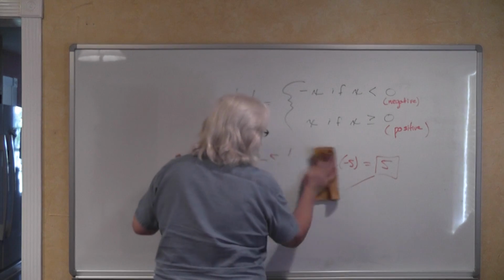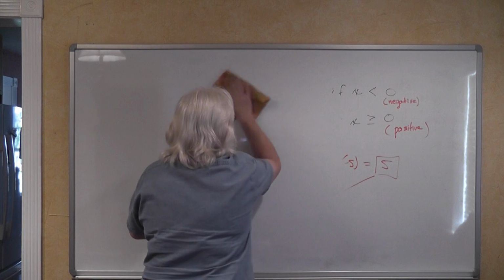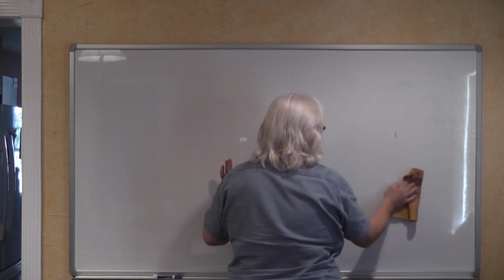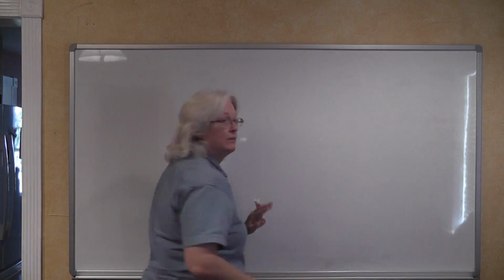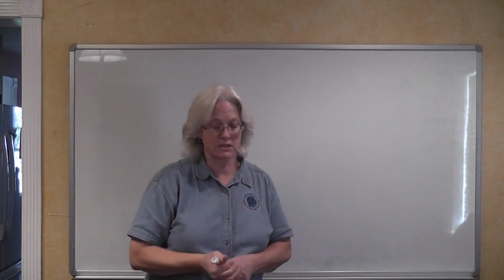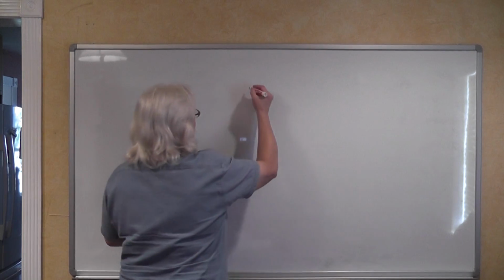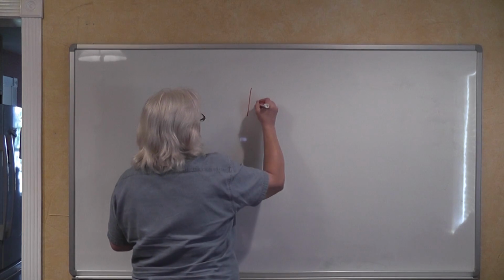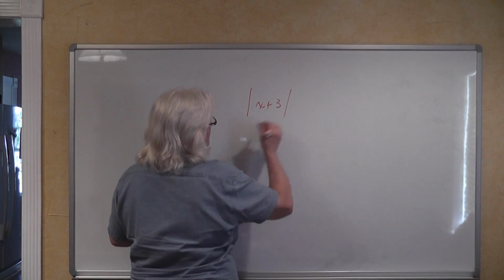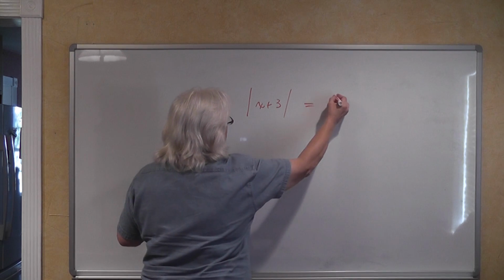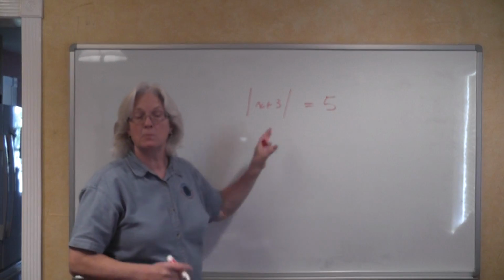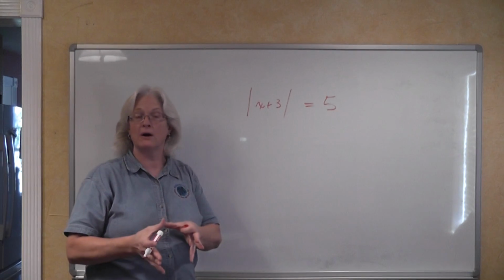But what I want to show you is the practical way that we arrive at our solution for absolute value. Let's just see. What if we had the absolute value of x plus 3 is equal to 5?